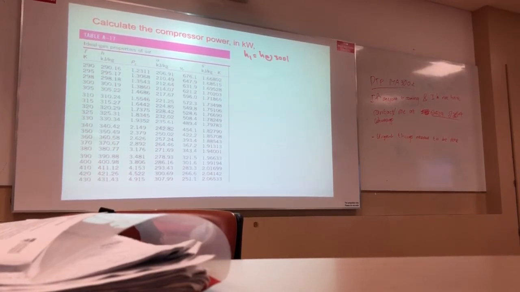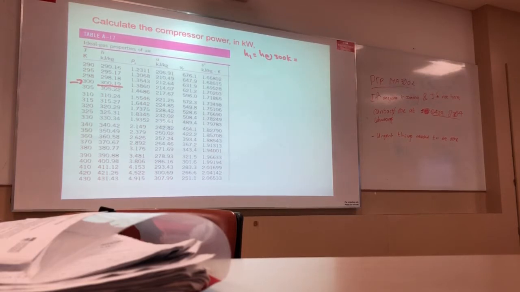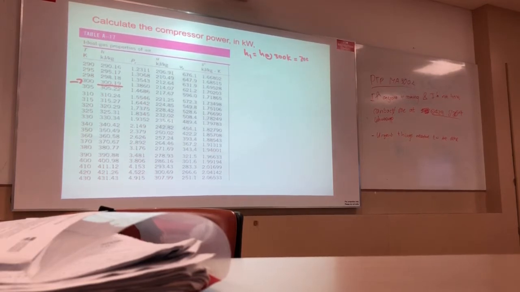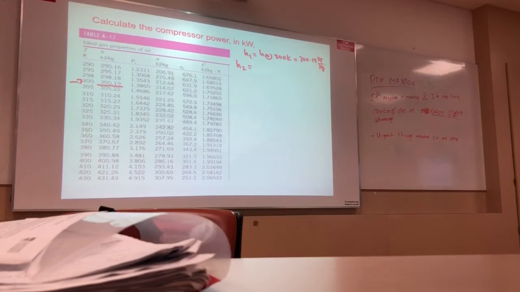This is 300, right? 300.19. This table will be given to you, don't worry. What is H2? H with respect to 400 Kelvin. What is 400? 400.98.